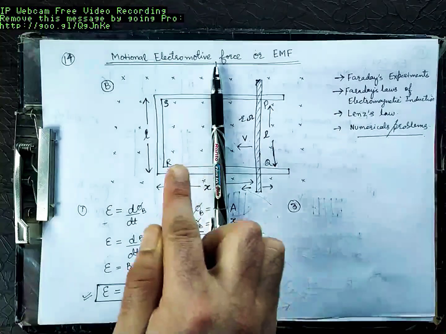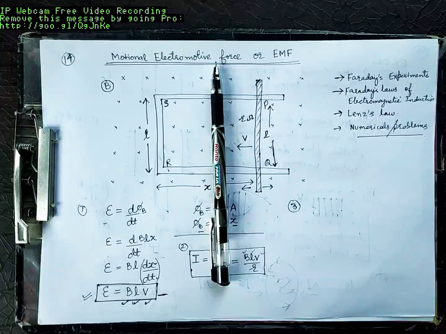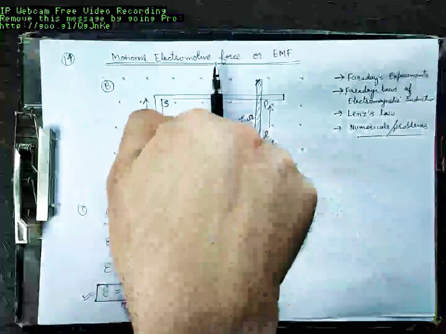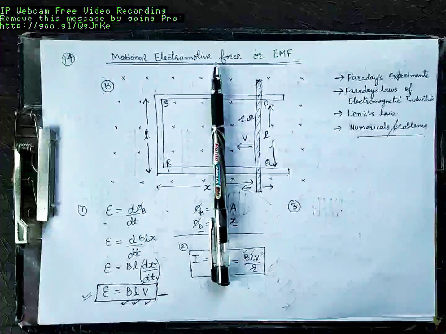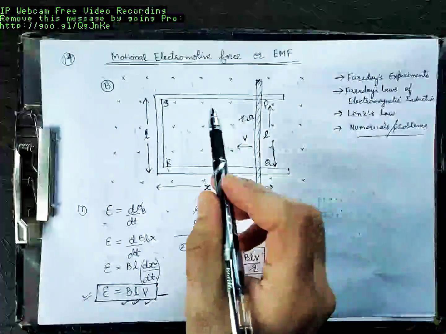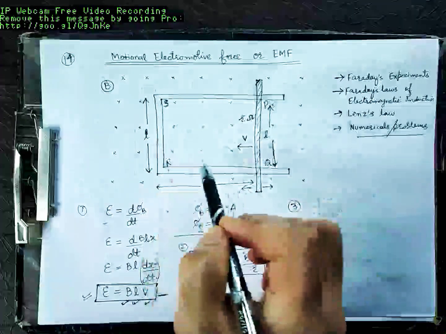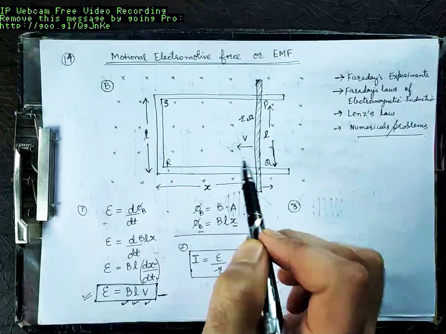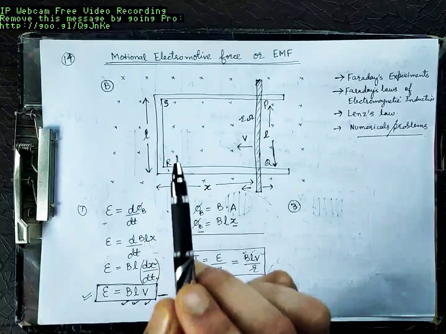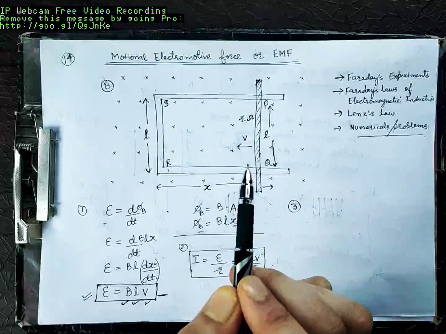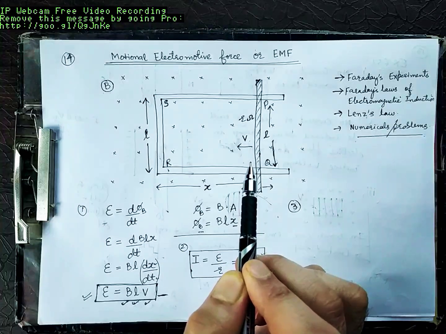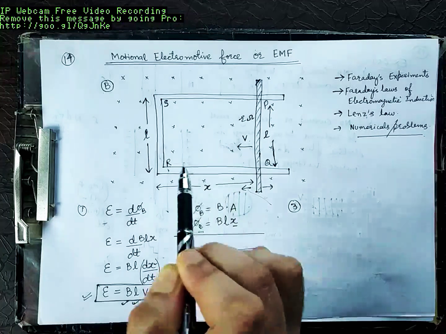When flux is decreasing, that means the cause of induced current is decrease in flux, where flux is into the plane of page. So the current will be induced in this loop such that it will oppose the decrease in flux. So that current will flow in such a way that the flux produced by that current does not allow the decrease in flux.